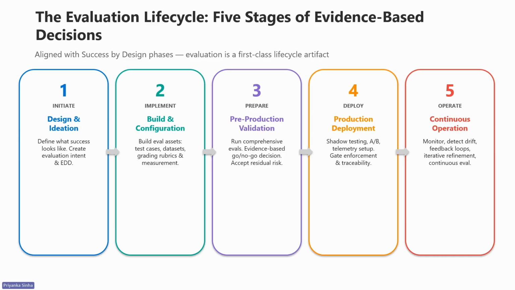This is where most teams underinvest, and you need ongoing monitoring, detection, feedback loop, and iterative refinement. So evaluation doesn't stop at deployment. It's a continuous discipline for as long as the agent is live. So if you see here, there are five pillars or phases which is aligned with SBD with some different actions.